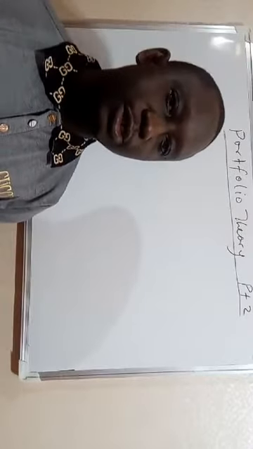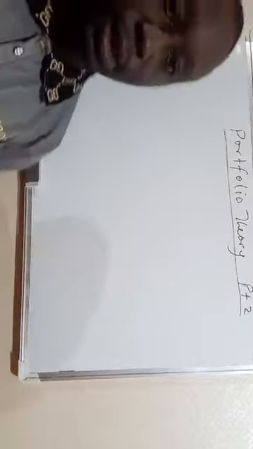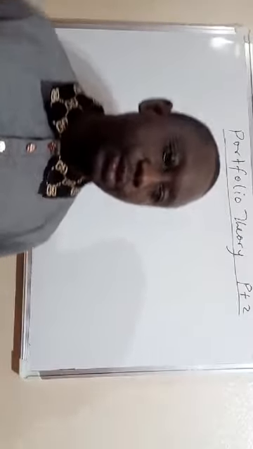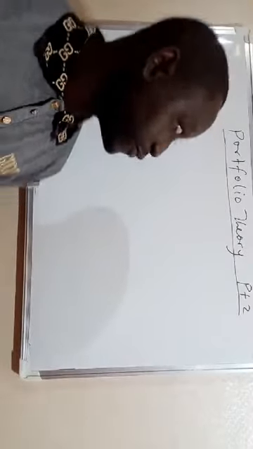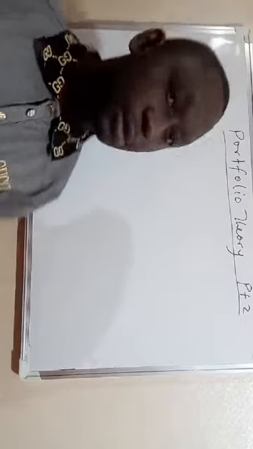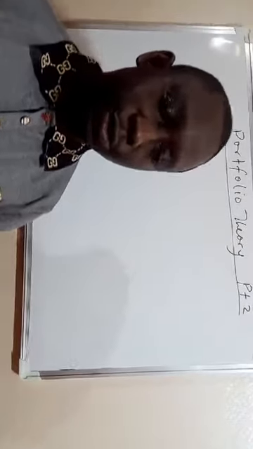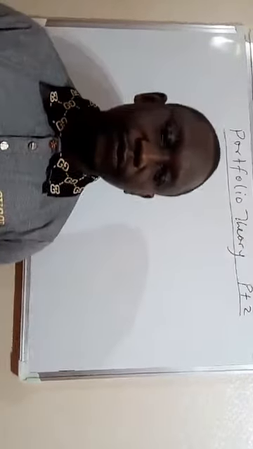Portfolio theory part 2. In my last video I talked about portfolio theory, and I talked about the meaning of a portfolio and also the meaning of a security. I said a portfolio is a collection of securities. A collection of different securities forms a portfolio.